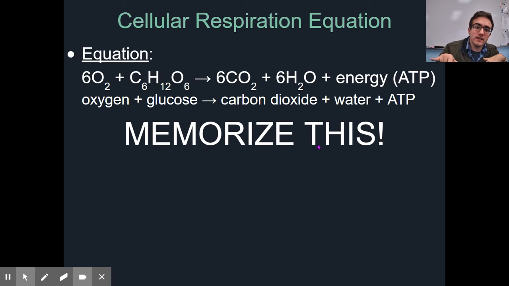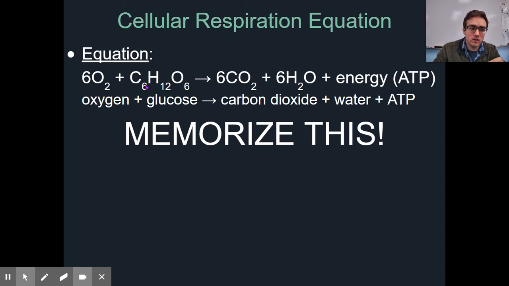Remember how we talked about how ADP recharges into ATP? This is how it does that. Glucose in the presence of oxygen will turn into carbon dioxide, water, and then our ATP energy.